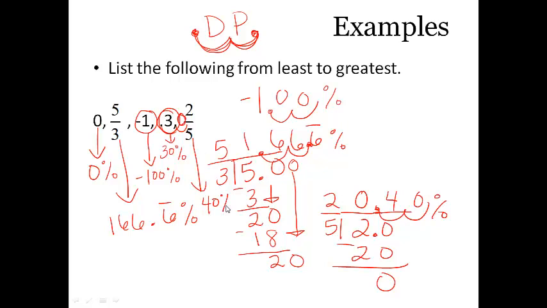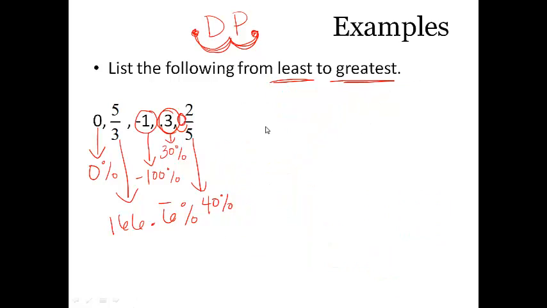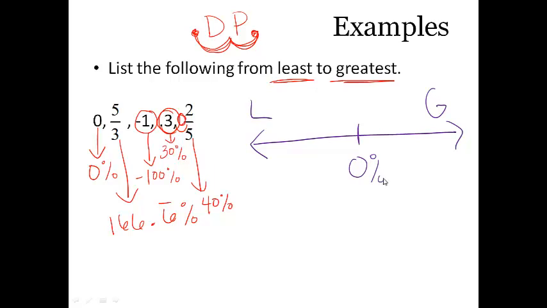Now, to list from least to greatest, we need to do our number line. Alright, much better. So, least to greatest, well, that's the way my number line looks, right? We have left as the least, so I can just do this. 0% is always going to go somewhere in the middle. Where are we going to put 166.6%?